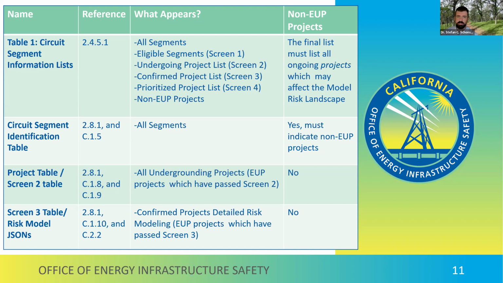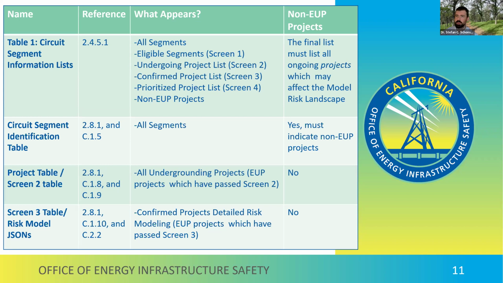Then the last list is the non-EUP projects. And so here we're just looking for the list of circuits that have ongoing mitigations on them, which may affect the model risk landscape. We don't require any new modeling with this. We just require identification so it meshes with our other data collections properly.